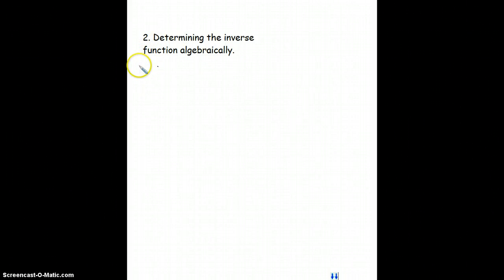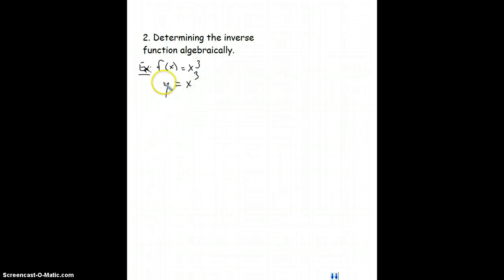Let's start with an example: f of x is equal to x cubed, and we're going to find this function's inverse. The first step is to change this f of x into a y, so we're going to make this y equals x cubed.